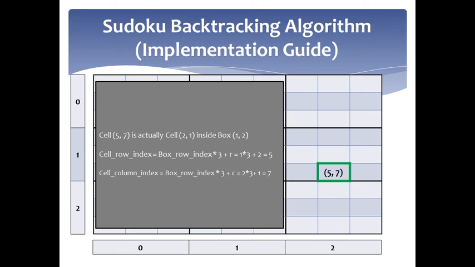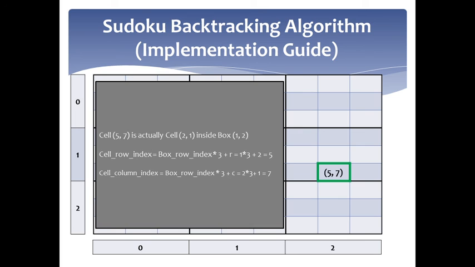So for cell 2, 1 inside box 1, 2, the box row index is 1 multiplied by 3 and then added with R of 2, which is the cell 2, 1 row index. From there, we get the cell row index of 5, which is the index in reference to the whole 9 by 9 Sudoku board.